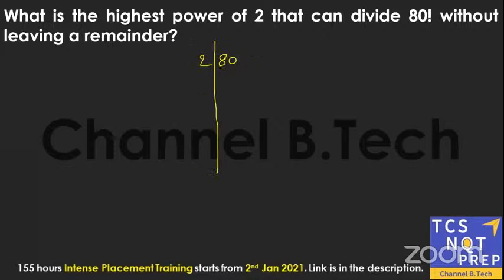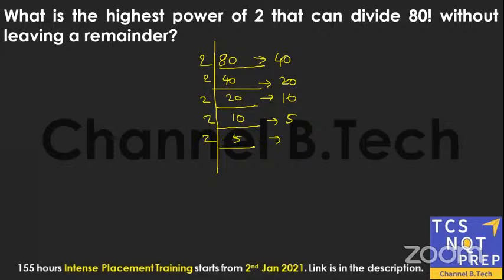80 by 2, I get 40, right? 40 divided by 2, 20. 20 divided by 2, 10. 10 divided by 2, 5. 5 divided by 2, 2. 2 divided by 2, 1.